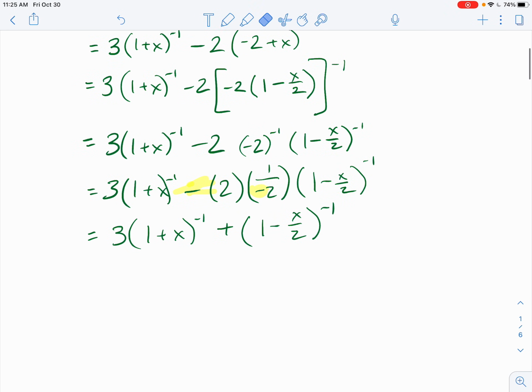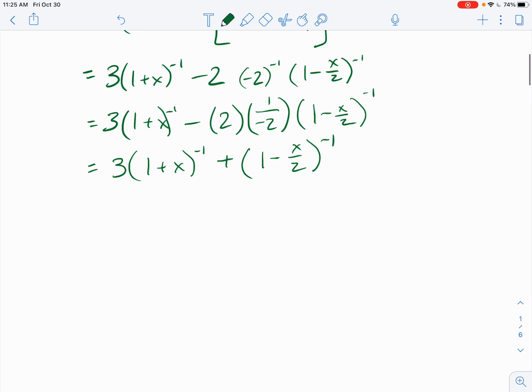Okay, so what I need to do now is do the two different sigma notations. This is going to be equal to 3 times the sum as r goes from 0 to infinity, because if this value here were a positive integer, then we would have a particular number of terms.